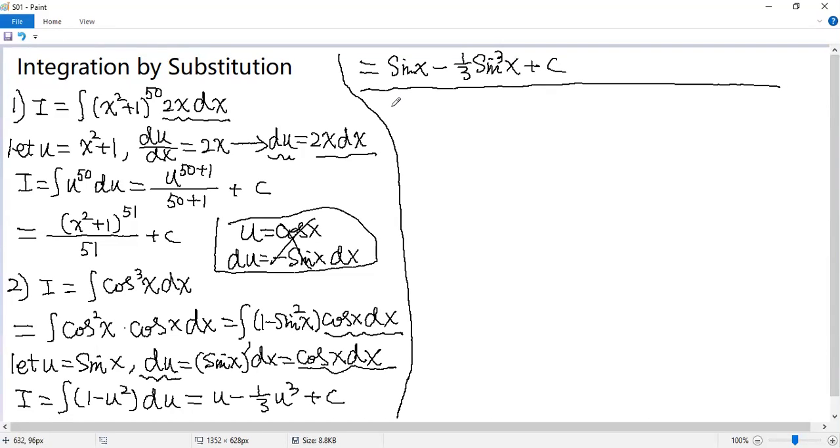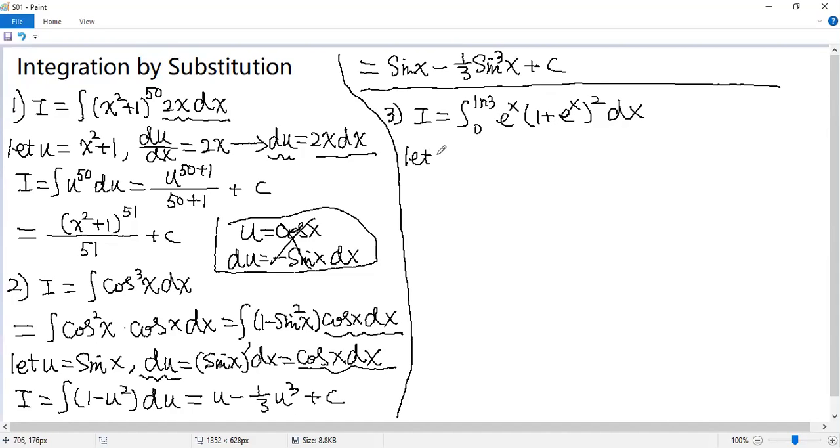Finally, let's look at a definite integral. I equals the integral from 0 to ln 3 of e to the x times (1 plus e to the x) squared dx. Like before, we can let the inside function be u.